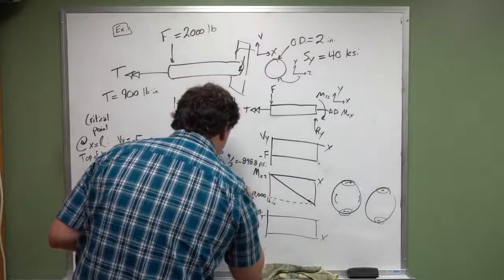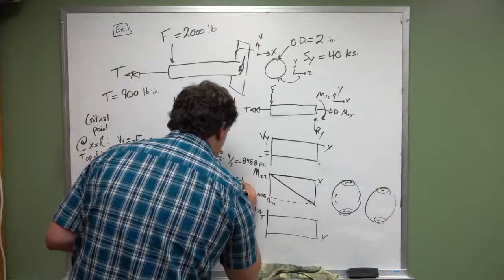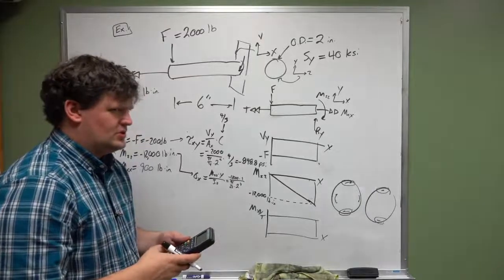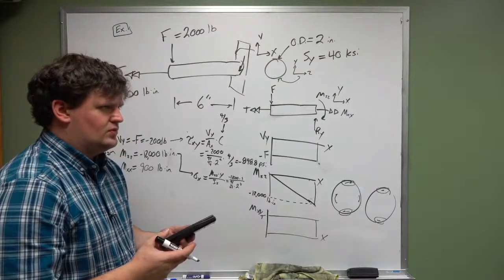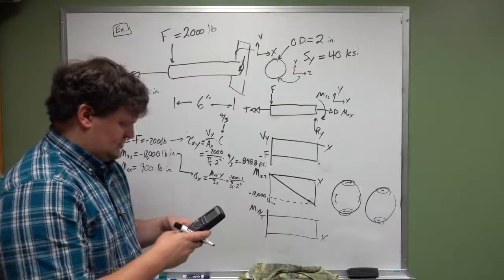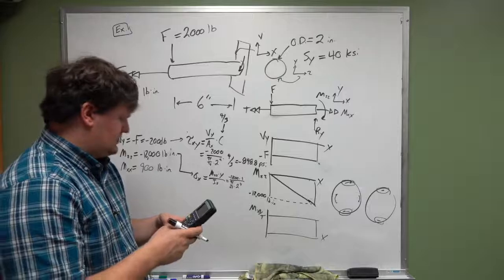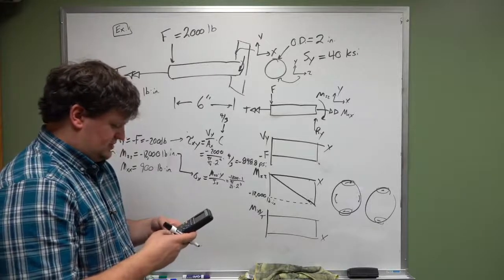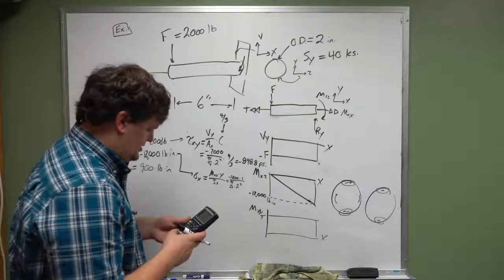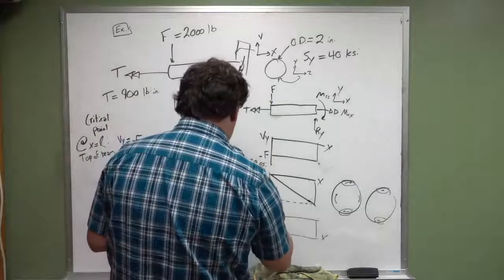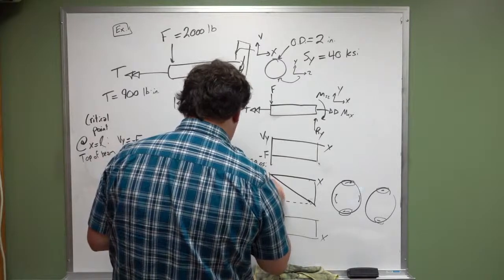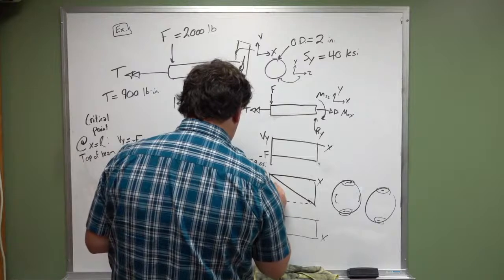So pi over 64 times 2 to the 4th, which is 16. This ends up equaling negative 15,279 psi.